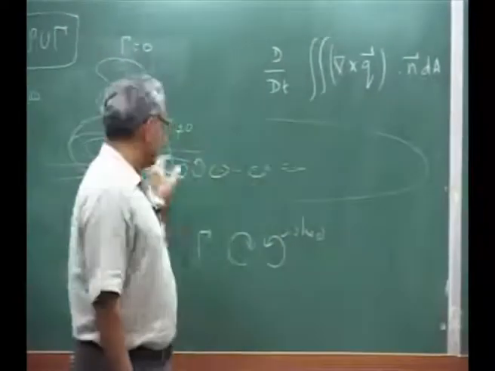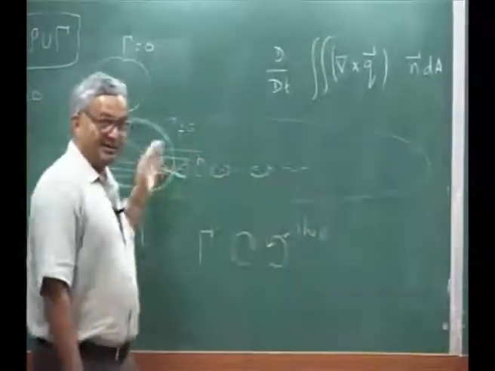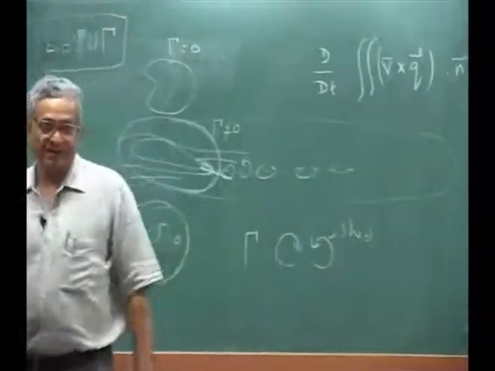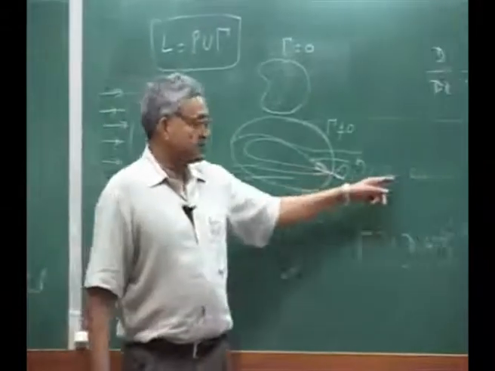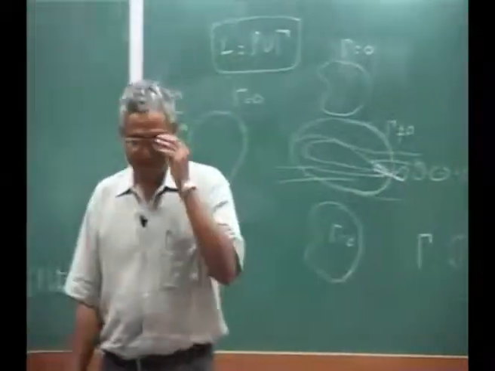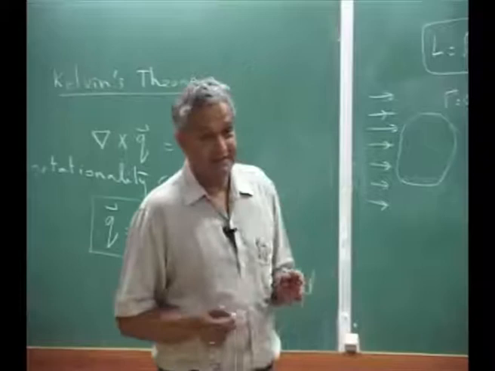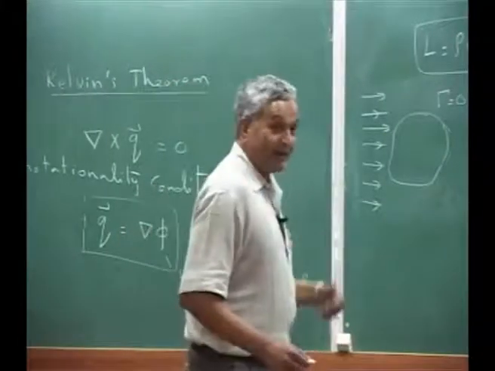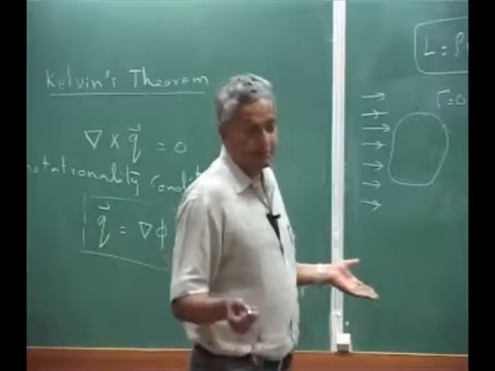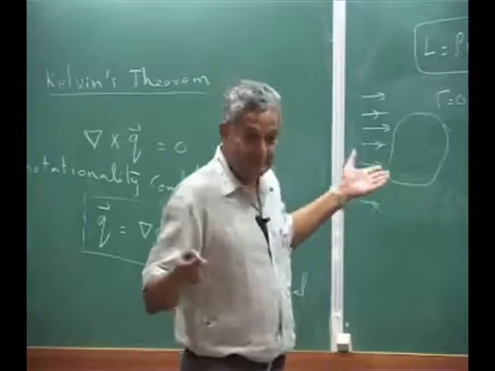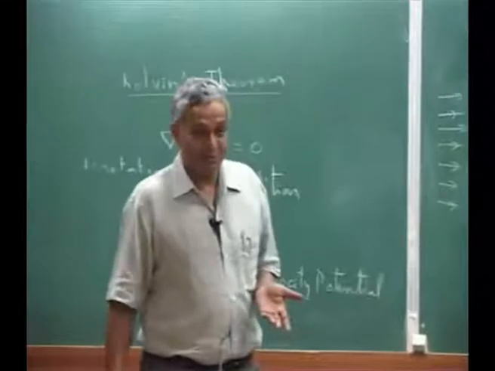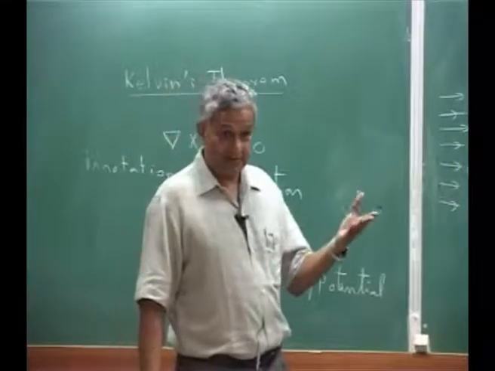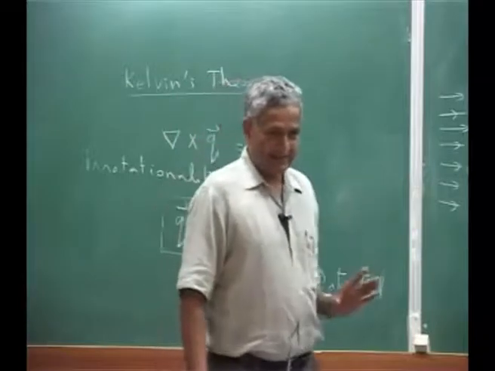Whatever was shed first, it will be there, and it keeps on going. Now the effect of these vortices has to be included if you are doing the unsteady aerodynamic case. Okay. If you neglect that effect directly, that is your quasi-steady aerodynamic theory.